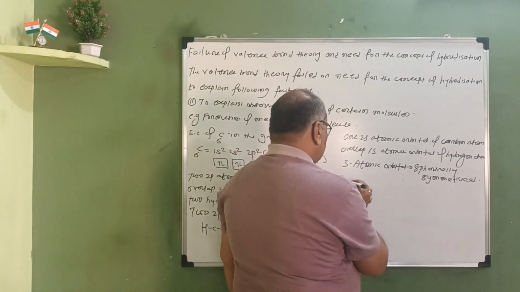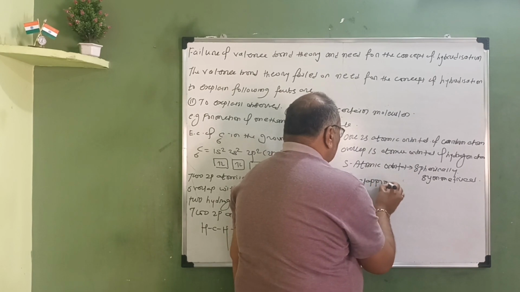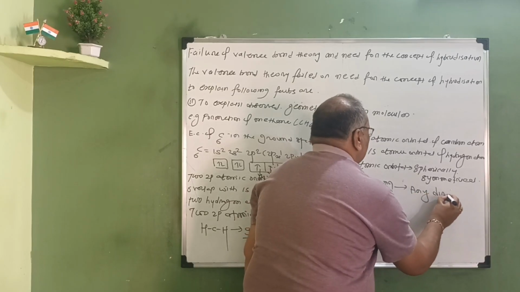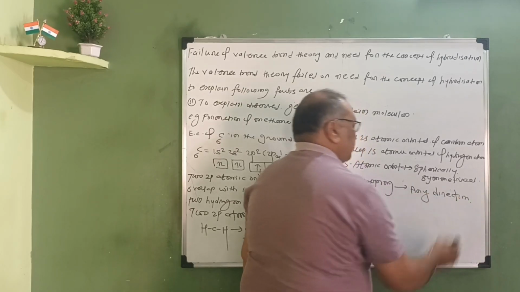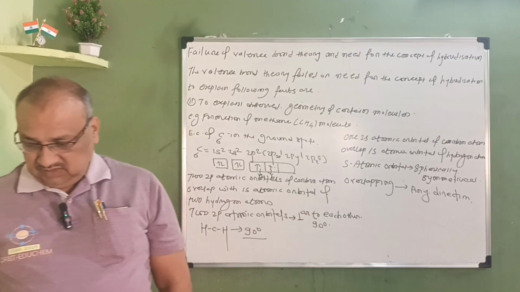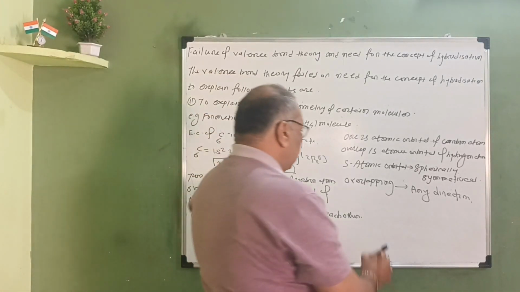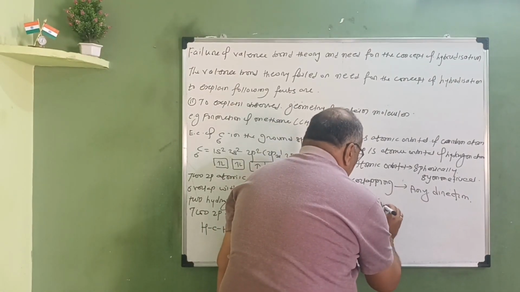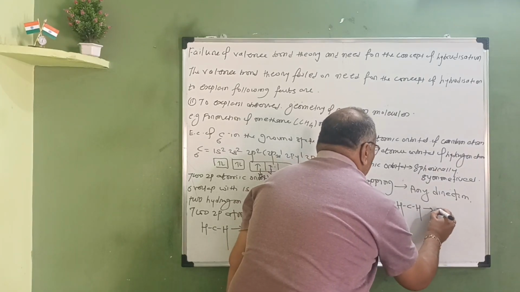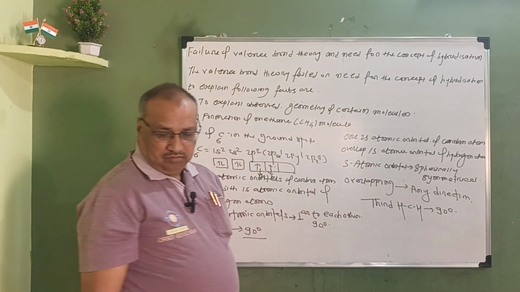Hence, overlapping is possible in any direction, and hence the third C-H bond is also of 90 degrees.